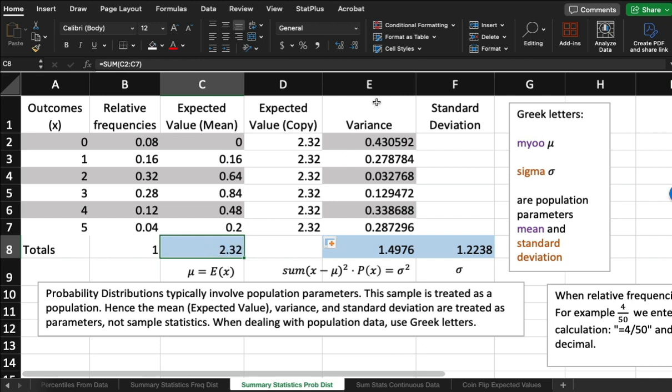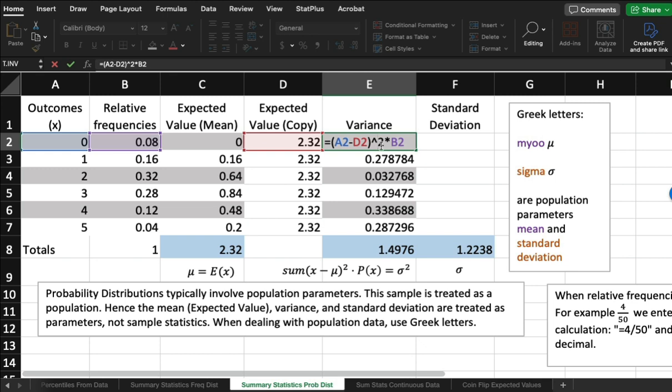All right. Now, column E is the variance. The variance is another statistical measure, okay? It measures variation. So in cell E2, this is the only complicated formula that we have to enter. Everything else is easy. In cell E2, you're going to type equals parenthesis A2 minus D2. That's your value of X minus your mean. Close parenthesis.